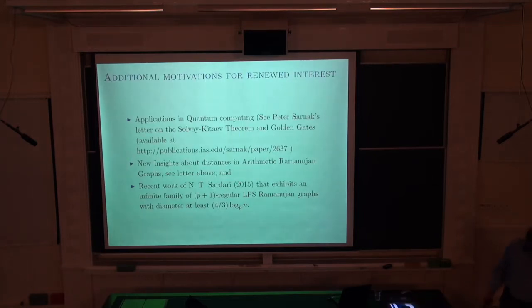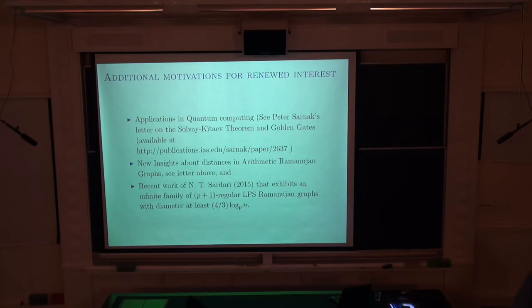So these graphs, the LPS constructions, are from the 80s. There are several motivations for renewed interest. One is what I'm talking about now, that we have a much better probabilistic understanding of these graphs. But other connections are, there's a new interest in the diameter of these graphs, partly because it's been found to be relevant to quantum computing.